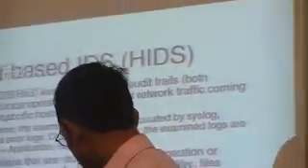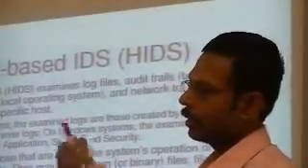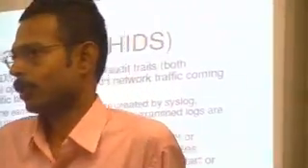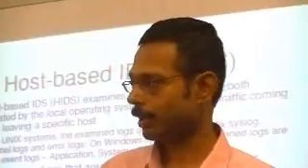So, for example, logins at odd hours, login authentication failures. If you repeatedly get authentication failures, like you have a personal computer, right? The user is supposed to remember the password. So if he tries to log in and repeatedly his login attempts fail, it's a warning that someone else is trying to log into the machine. So, those are the things that it monitors.